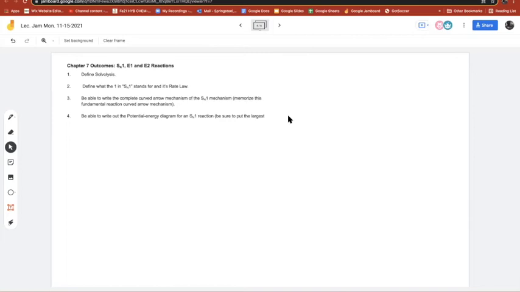Pick an overall reaction for this. Oh wait, is this what I want to do? I don't know where I'm at. There we go. So we're going to keep the overall reactions and the mechanisms separate.